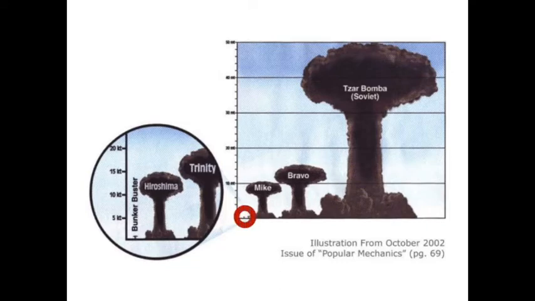You see that little circle, that red circle I added? That's the Hiroshima bomb. That tiny little dot is what they're trying to show you in this diagram. That was a 15 kiloton explosion, right? Pretty small. Still killed hundreds of thousands of people.